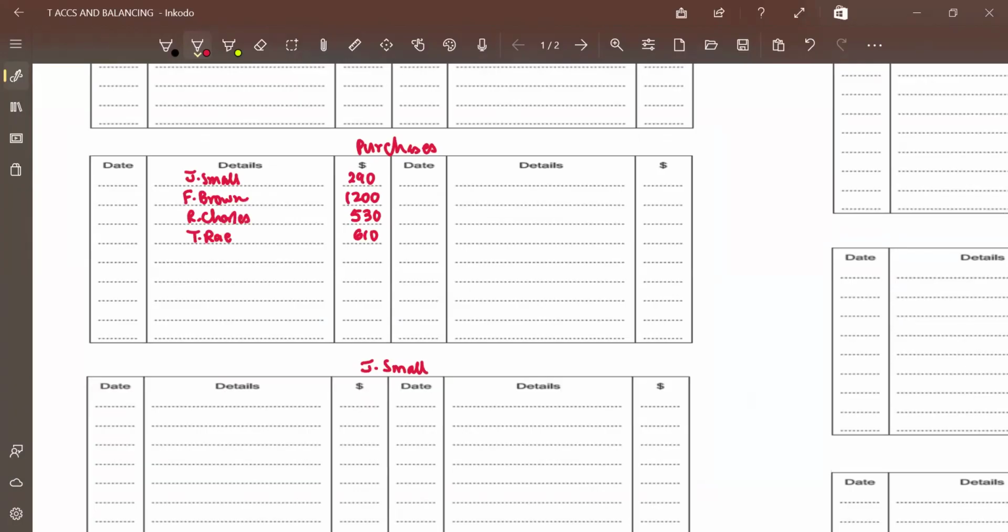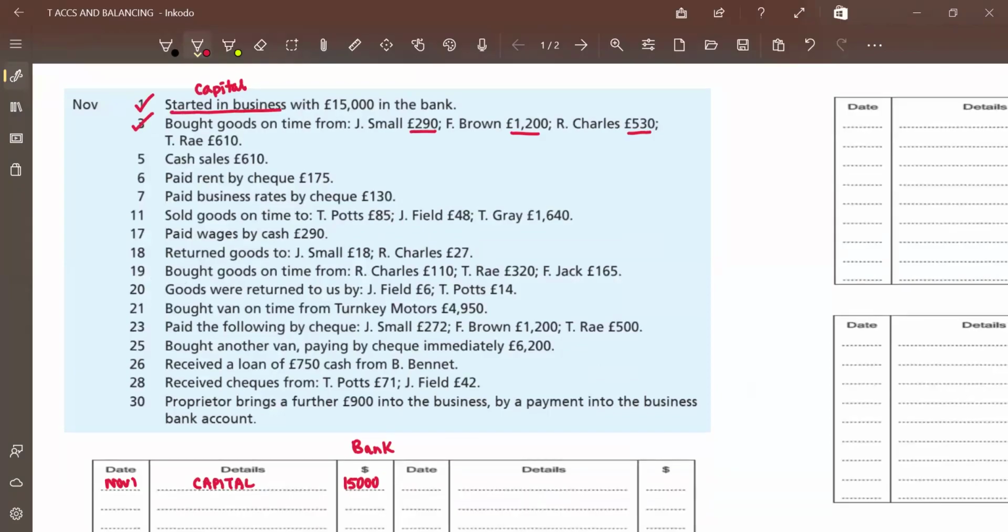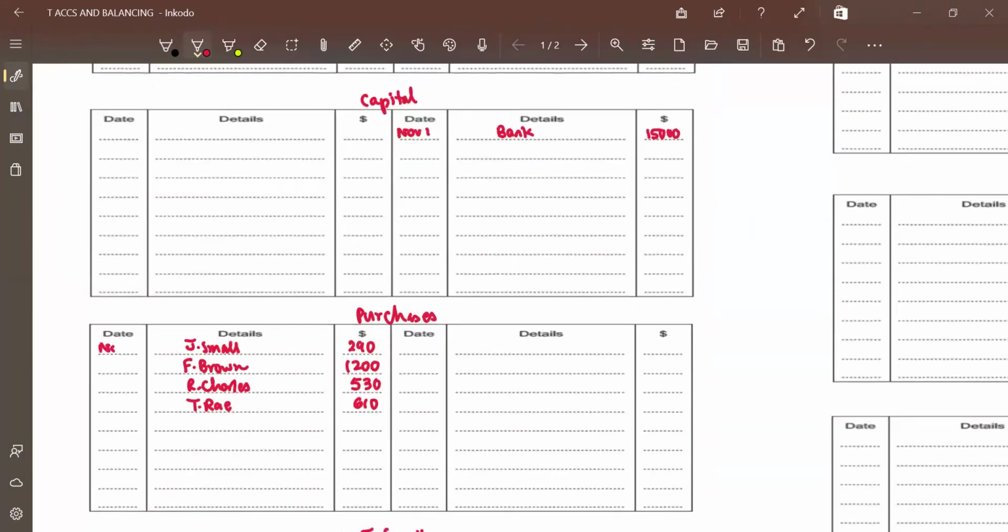These are entries into your purchases account, and these are on what date? These are on the 3rd of November. We write November 3.